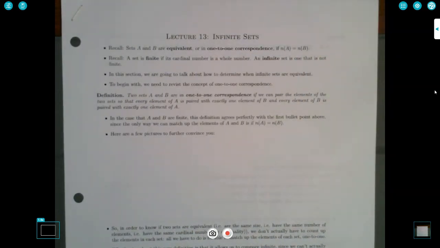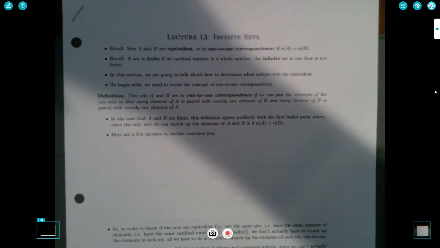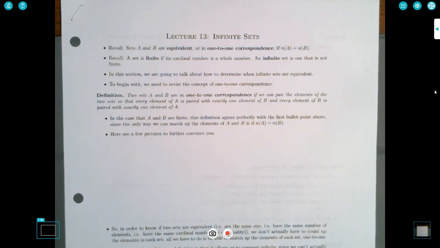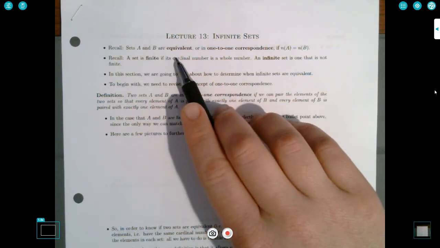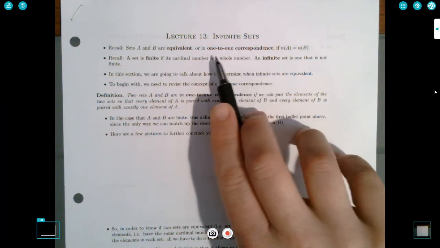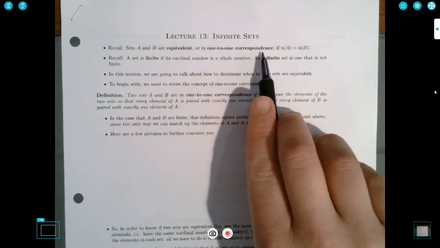Some things that we discussed earlier on in this set of lectures about set theory is we talked about the idea of equivalence, and we said sets A and B are equivalent, or another phrase that we used for that was one-to-one correspondence, right?